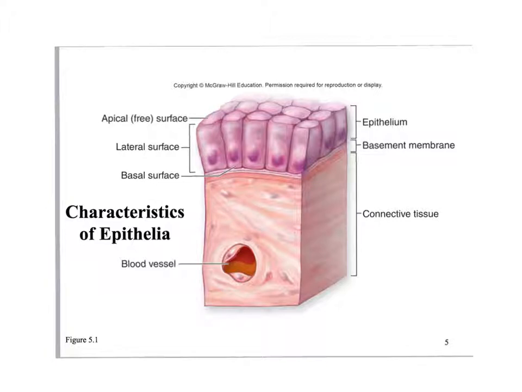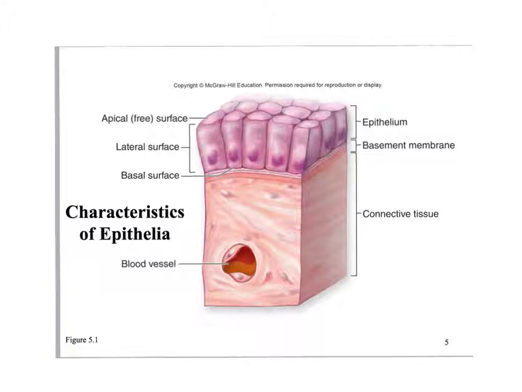What is absent from the epithelium? What's not there? What is drawn here in the connective tissue that is not present in the epithelium?